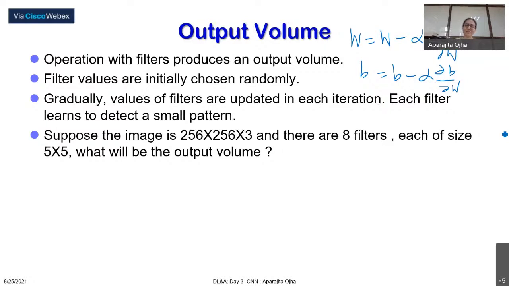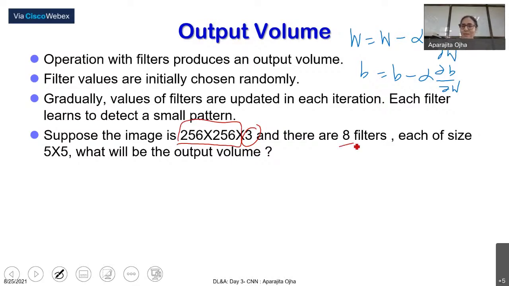Filter is of size 5 cross 5. And input is 256 cross 256 cross 3. Definitely, this 3 is not going to play any role. I hope you agree with that, because your input spatial dimension is 256 cross 256.